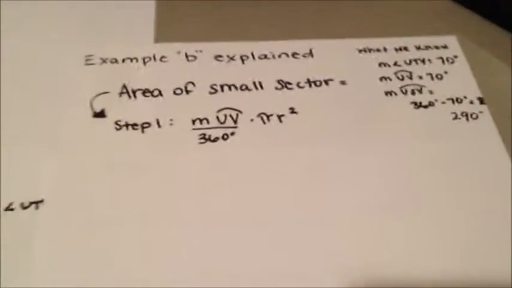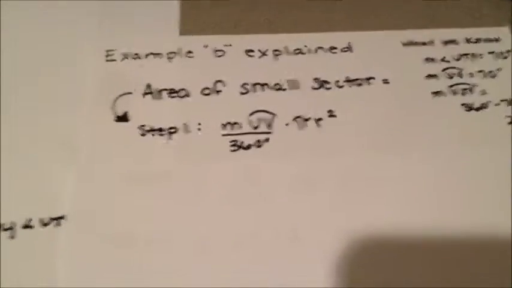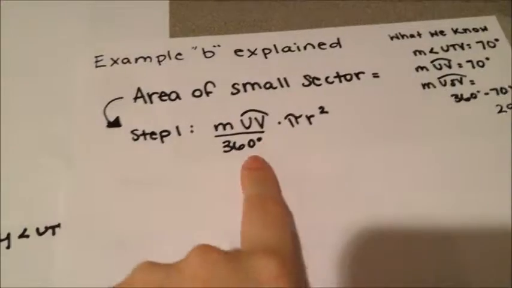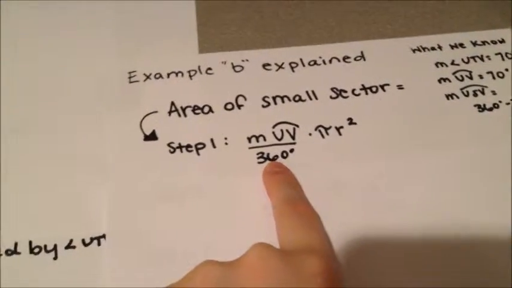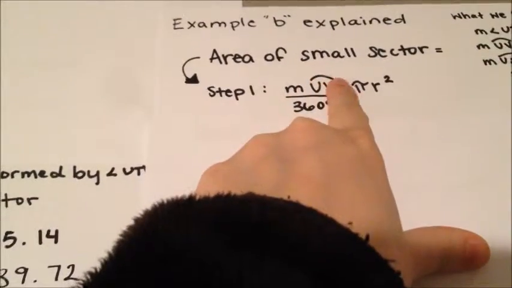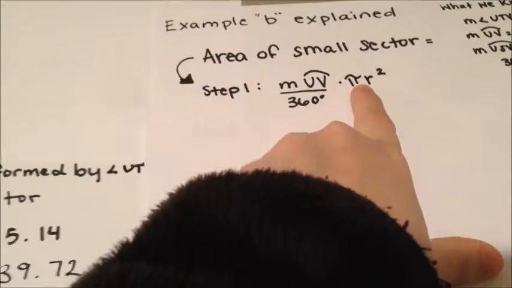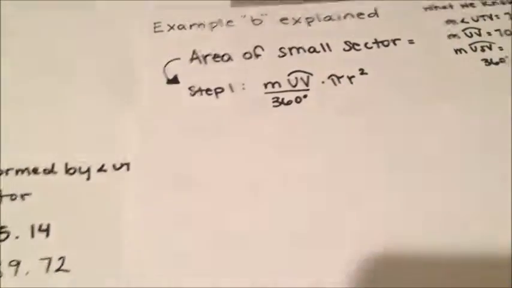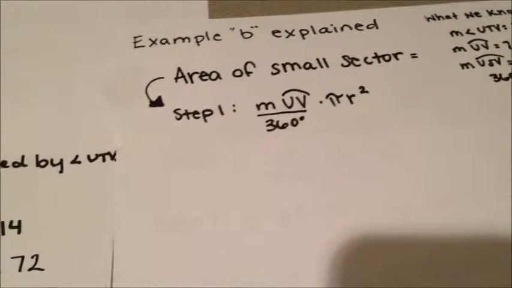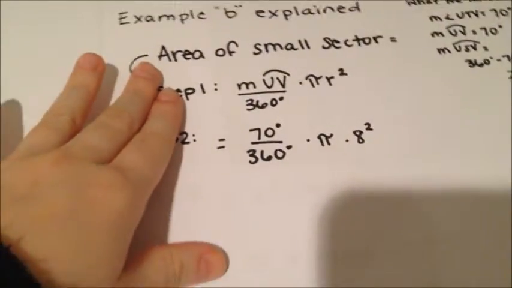Okay, now we are able to use 3 steps in order to solve this problem. Your first step is writing your formula. The area of a sector formula is the measure of the arc length over 360 times pi r squared. Step 2, you're going to substitute in what we know.